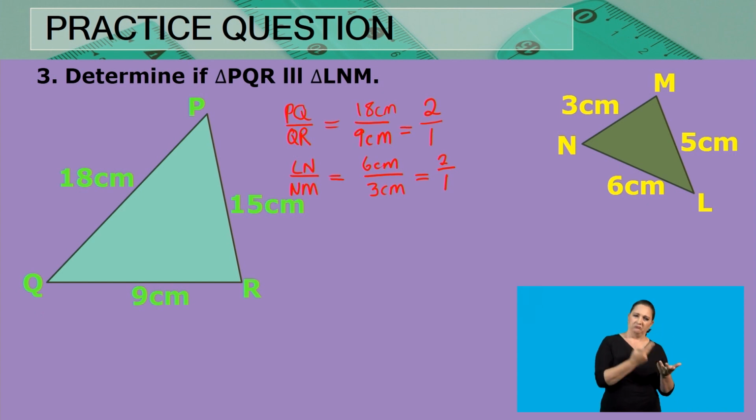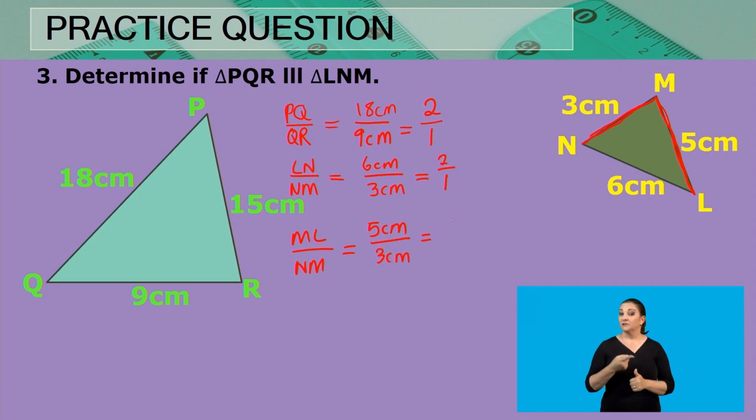We can even start with the smaller triangle, and let us take ML, and we are going to divide this by NM. So ML is 5 centimeters and NM is 3 centimeters.